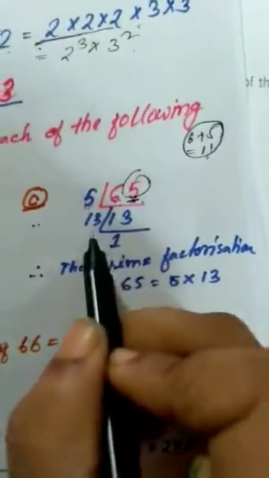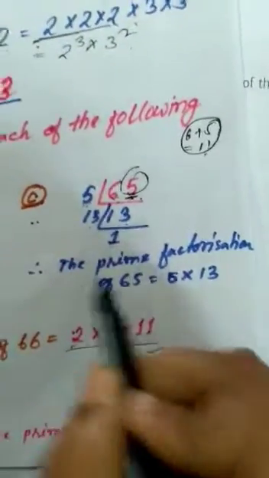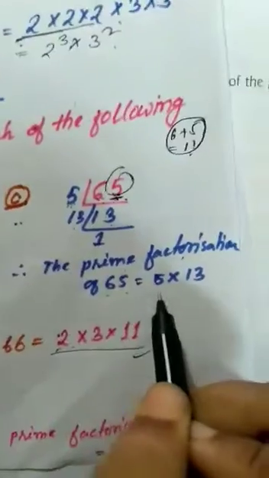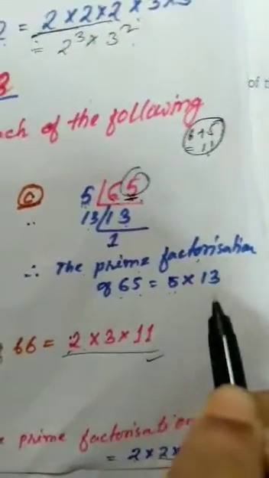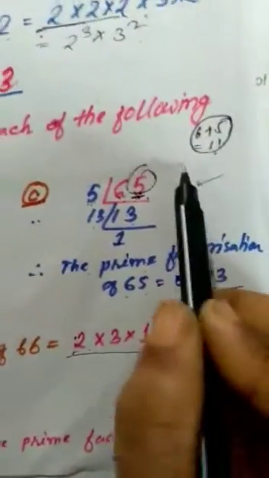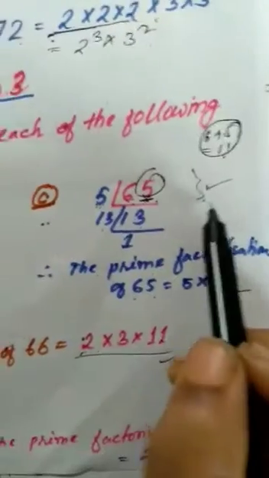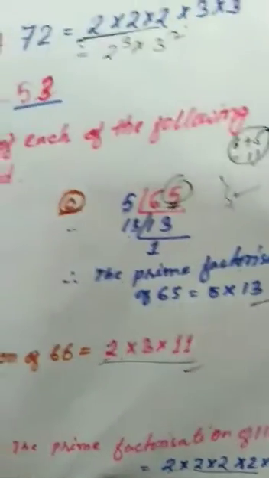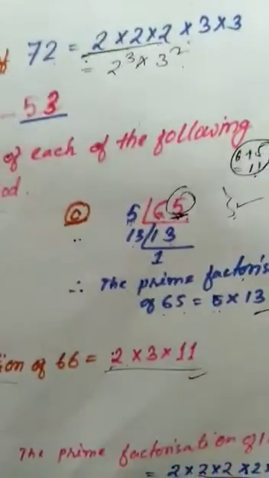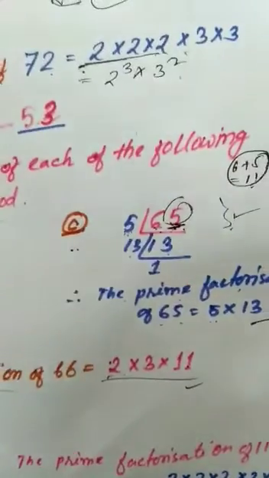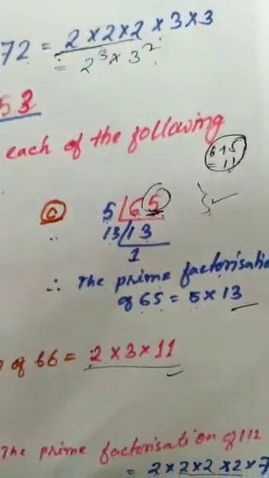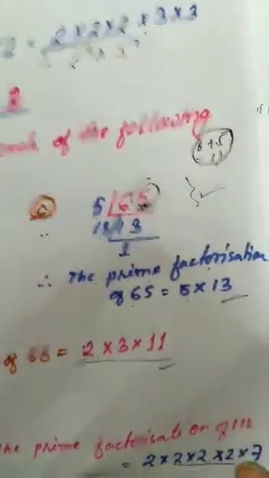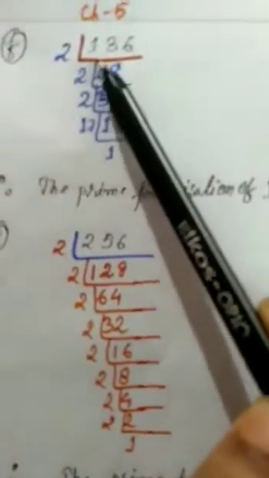Okay children, so 13 1s are 13. That means the prime factorization of 65 is 5 into 13. And how I have told you, just explain. Same way you have to check the other numbers also, the unit digit, as now the test of divisibility is known to you.